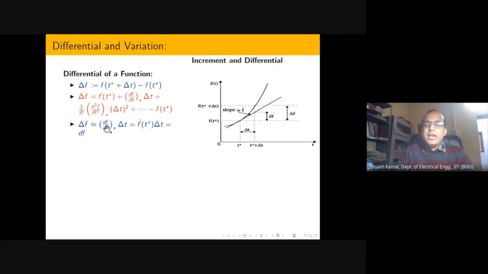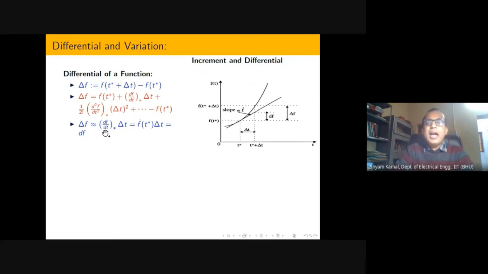And how are we defining the differential? That is delta f: we take the increment, and after that we do the Taylor series expansion. If you see the Taylor series expansion of this function delta f, it is approximated like this.